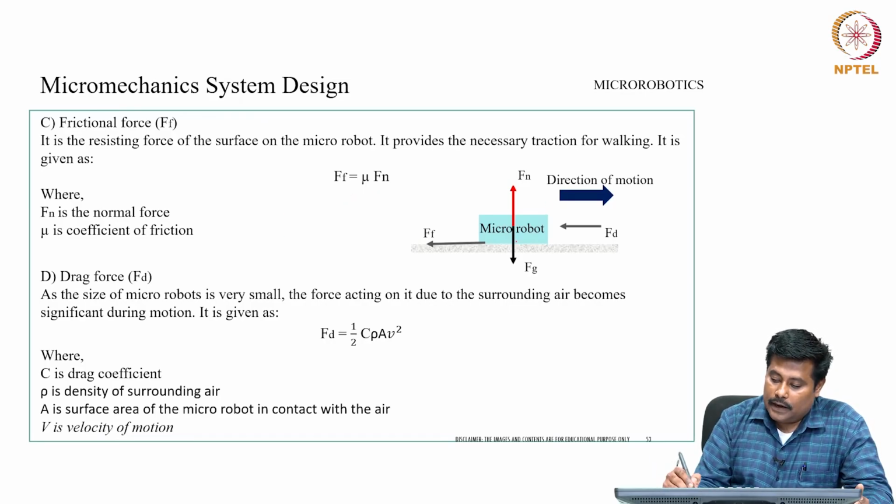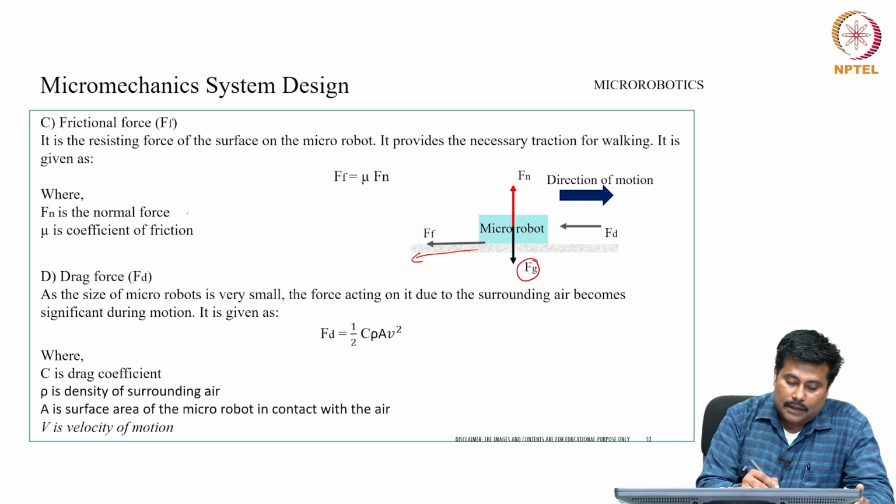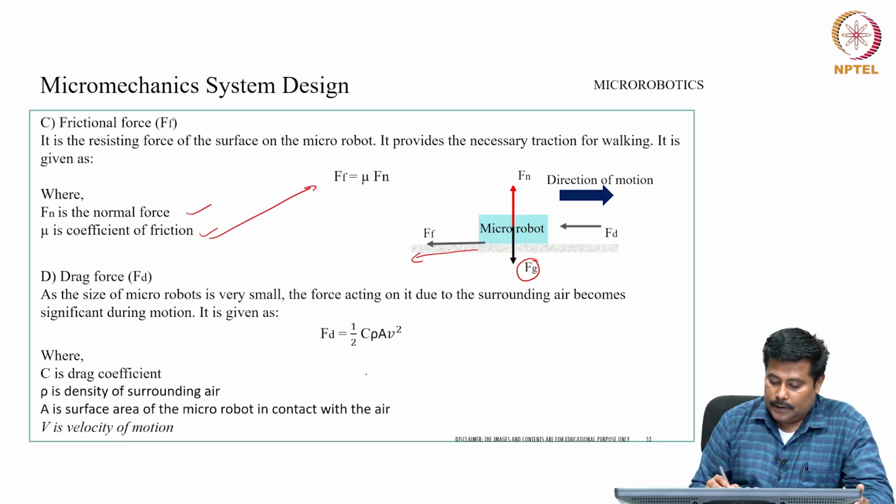Fn is the normal force which exists, Ff is the frictional force which is represented over here, Ft is the drag force which is being generated over here, and Fg is the gravitational force which is exerted over here. So, Fn is the normal force and mu is the coefficient of friction, since we are considering the frictional force which exhibits over here.